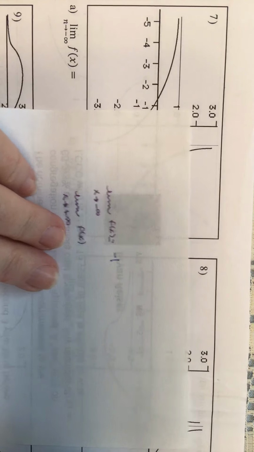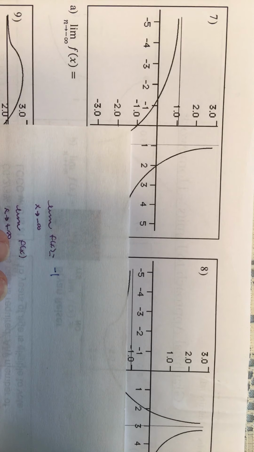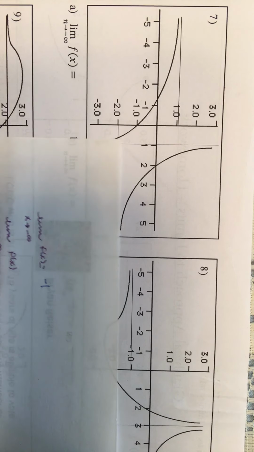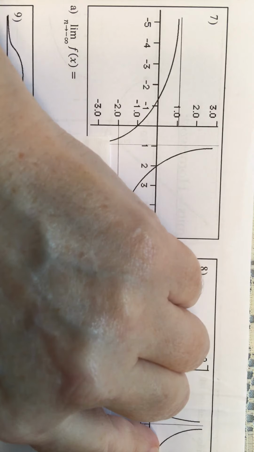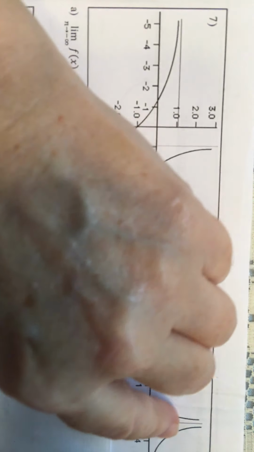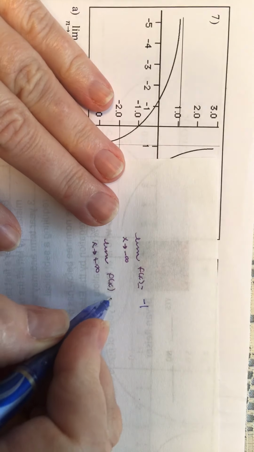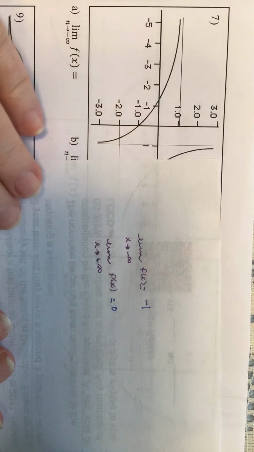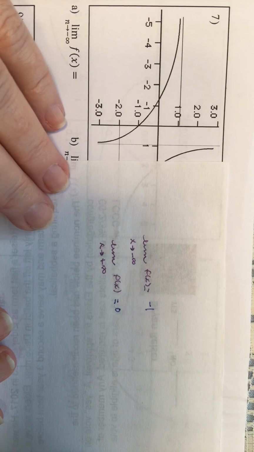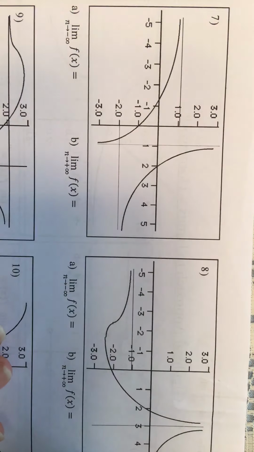They'll get ever so close to it, but they're not going to cross it. On this other end, what's happening? As I get closer and closer and head that way, I can see that my y's are not going to cross the x-axis, and they're going to get closer and closer to 0.